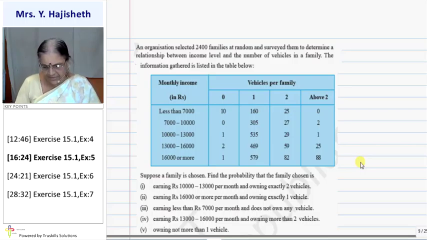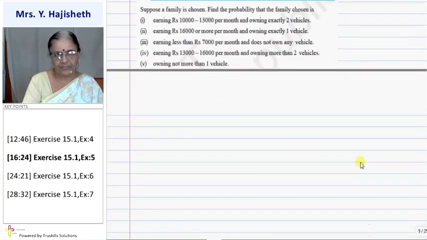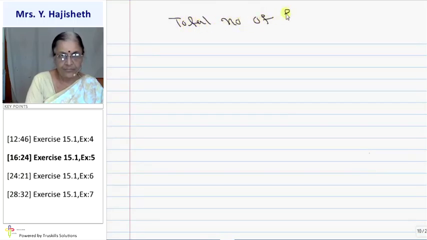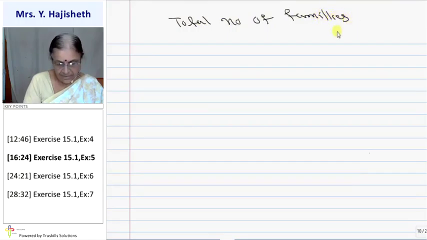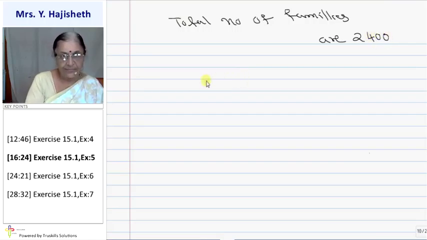Suppose a family is selected at random. Now total number of families given here is 2400. Okay, so my total is given like this.